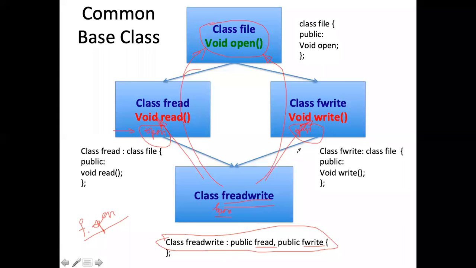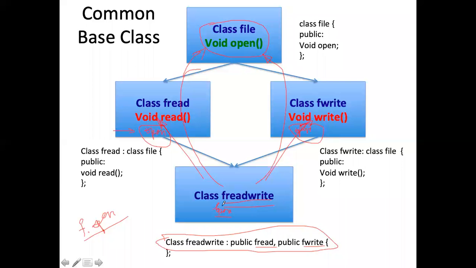The problem we discussed earlier is still there, and the solution so far is that you have to give an explicit call. Tell the system that you want to execute the function open that is the inherited instance of fread, or the function open that is the inherited instance of fwrite.